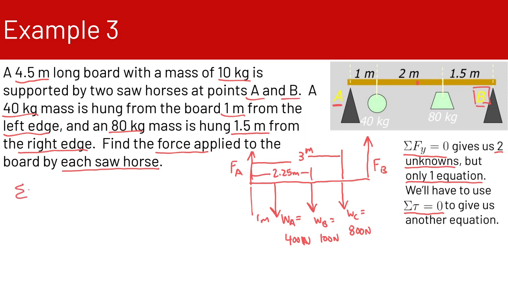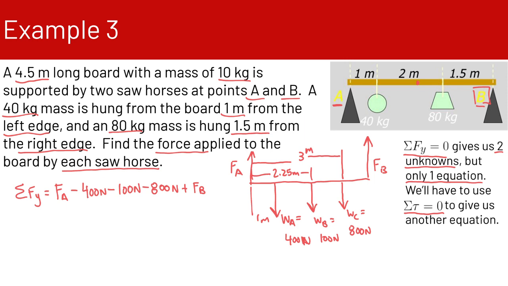So the sum of forces in the y direction equals, so we have force A is positive, minus weight A, which is 400 newtons, minus weight B, which is the weight of the board, minus weight C, which is the trapezoid looking weight, plus the force of the second sawhorse pushing upward.